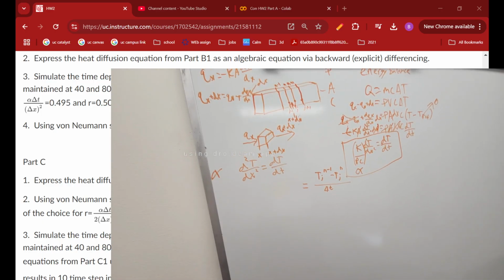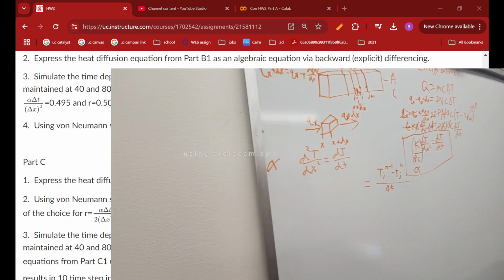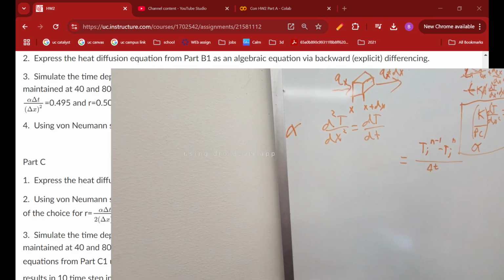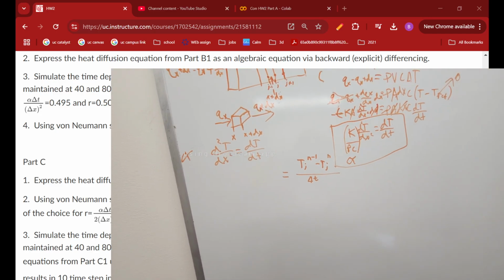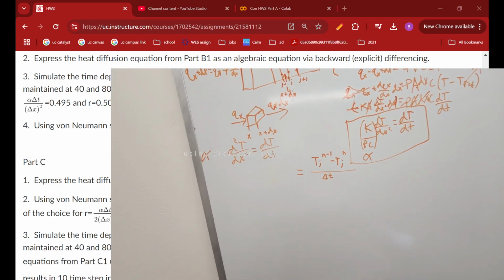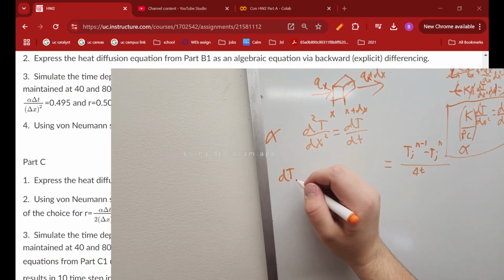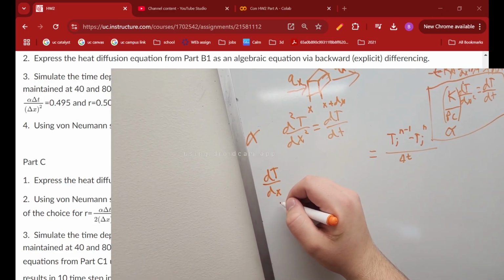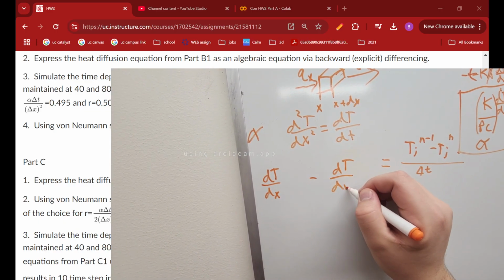So we need to look at this top half first, because since it's the double derivative, let's look at just the first derivative for each one, which is dT over dx, and dT over dx.